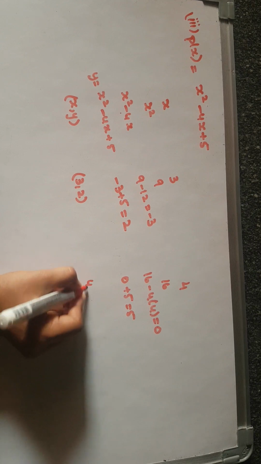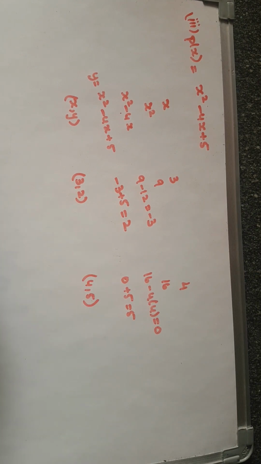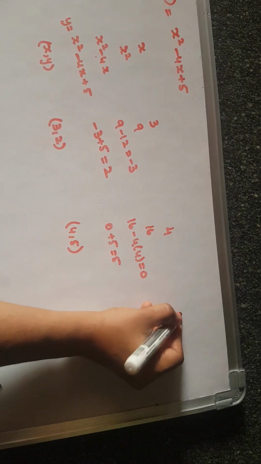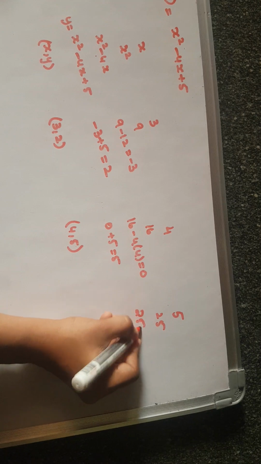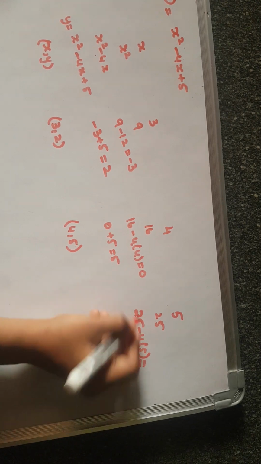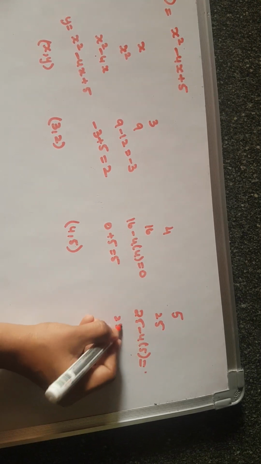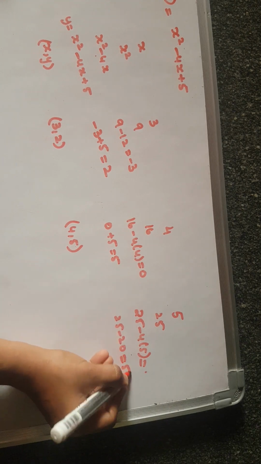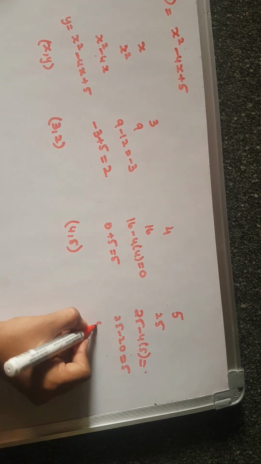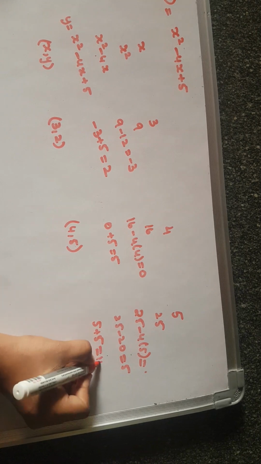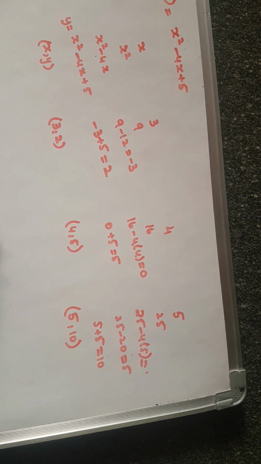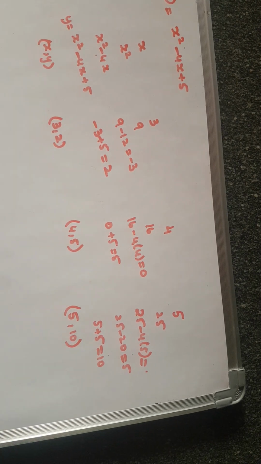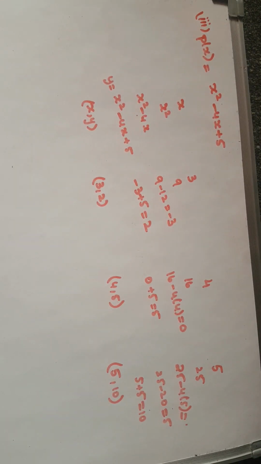So when you take 4, the y value is becoming 5 here. Okay, now take 5. 5 square is 25. 25 minus 4 into 5, which is 25 minus 20, becomes 5. Now 5 plus 5 becomes 10. So when you take 5, the value is becoming 10. Okay, till this. Now draw the graph.